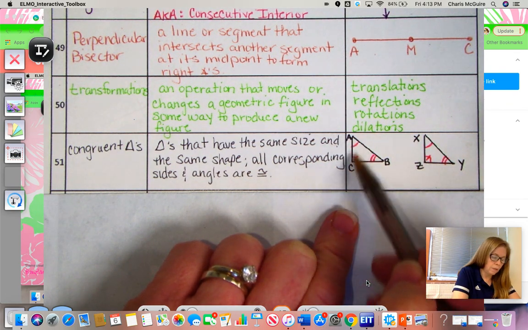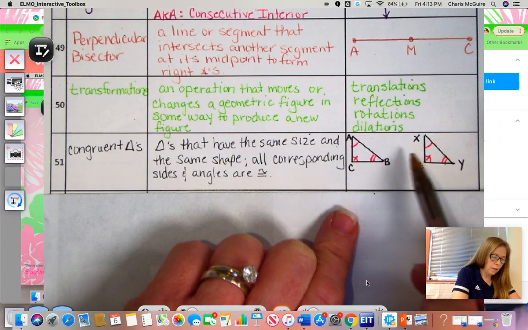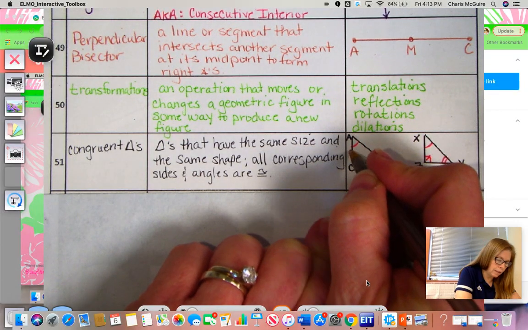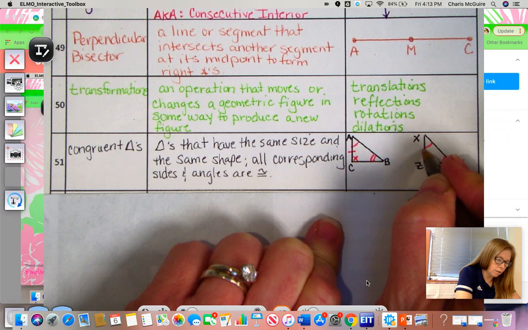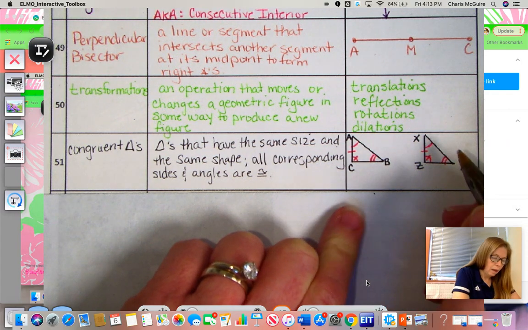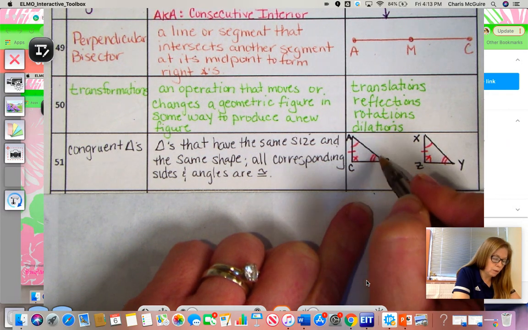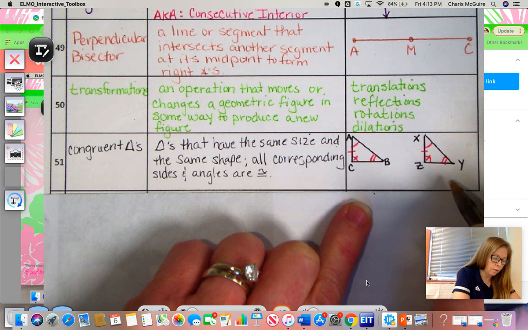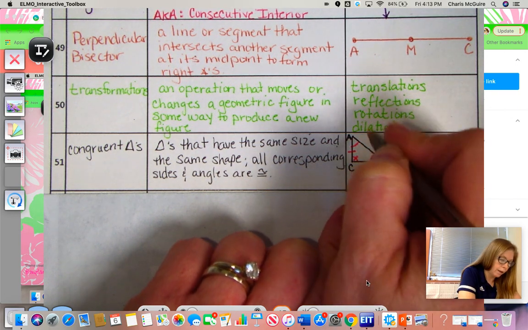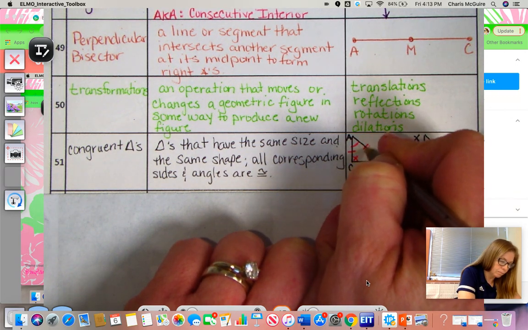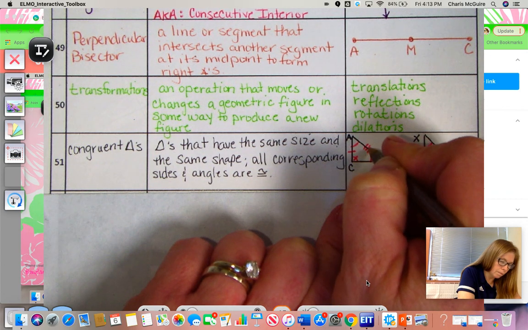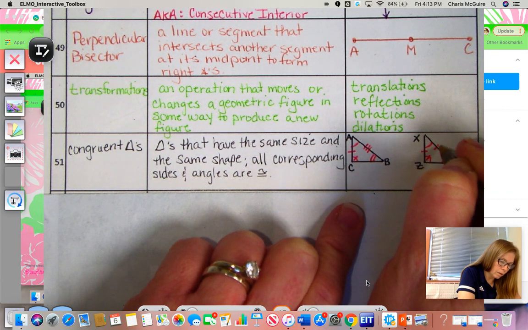You can see the same tick marks with A and C and X and Z. So AC is going to be congruent to XZ. And then we have AB is between the single and double angle tick mark. So that's the same as XY. I'm going to give it 3 over here. Lots of tick marks going on.